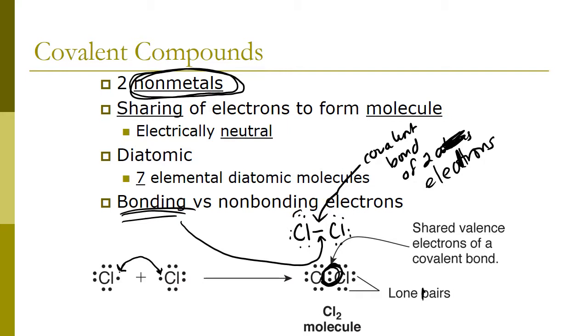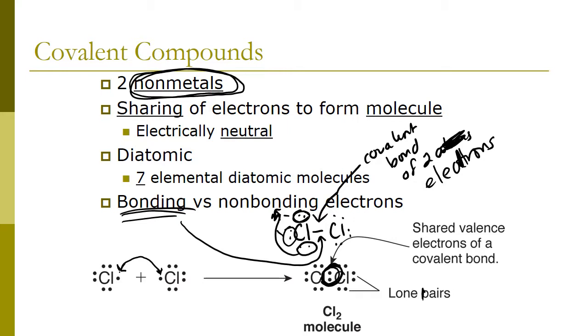They're the ones up here where we're showing them as little dots. Those are all considered to be non-bonding electrons. And so depending on how many bonding and non-bonding electrons an atom has or a molecule has, you're going to see that it's going to behave just a little bit different. So non-bonding electrons are your lone pairs or your non-bonding electrons.